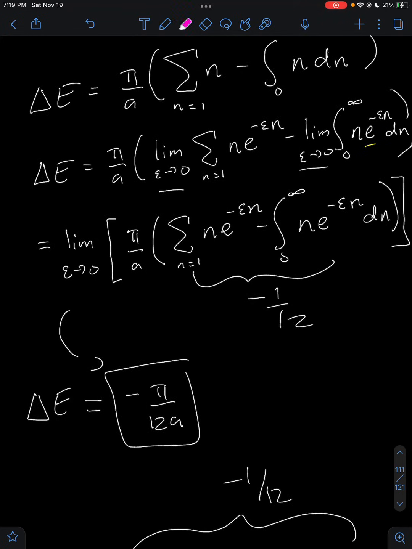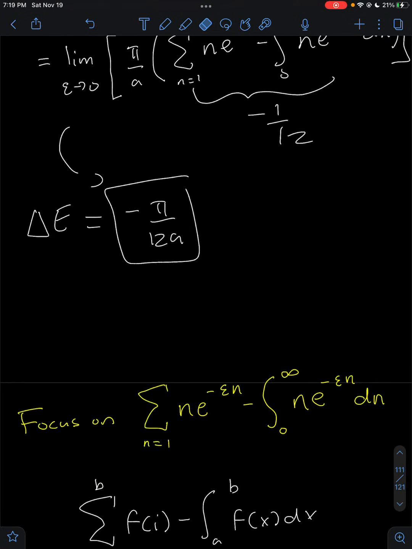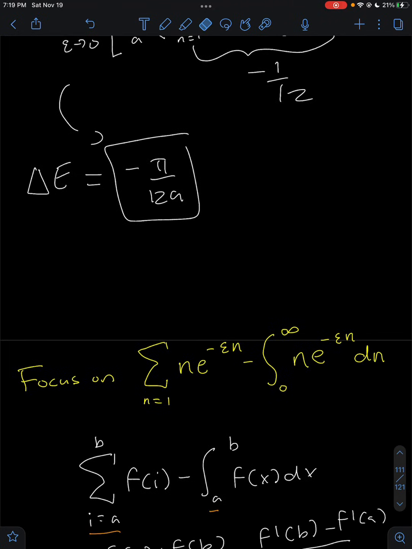I find it remarkable how in the Casimir effect, it starts off pretty straightforward, and then it gets complicated, but in a more elegant way. It gets complicated, but because it's complicated, it becomes simpler. Before we had that delta E was infinity, but now we just found that it's a finite term.